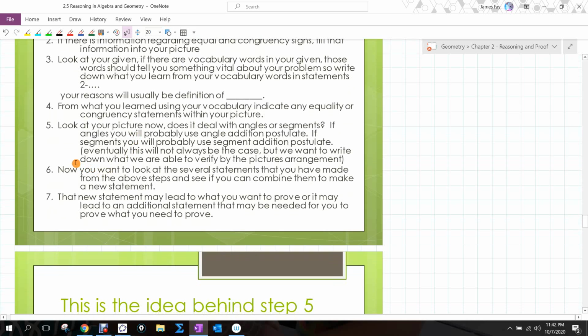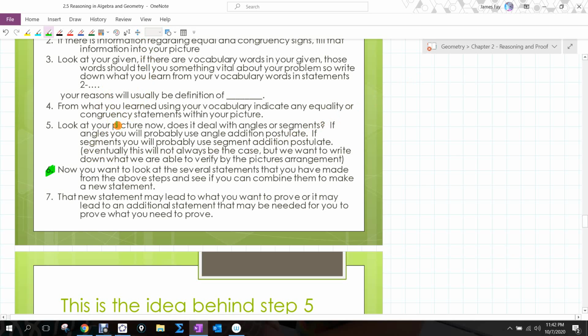Step 6 says now you want to look at several statements that you have made from the above steps, and see if you can combine them to make a new statement. So this step 6 is essentially the law of syllogism, and this is the hardest step throughout here. If you can get to step 5, then chances are you've probably got 80% of the proof done, and that's just by looking at vocabulary and listing things in our pictures. Step 6 is then combining those statements that we've already made.